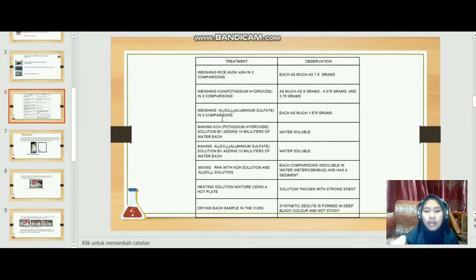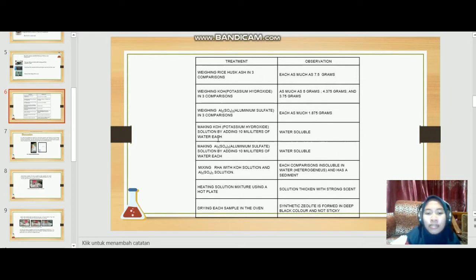Next, weigh Al2(SO4)3, or aluminium sulfate, in 3 comparisons. Observation: each as much as 1.875 gram.